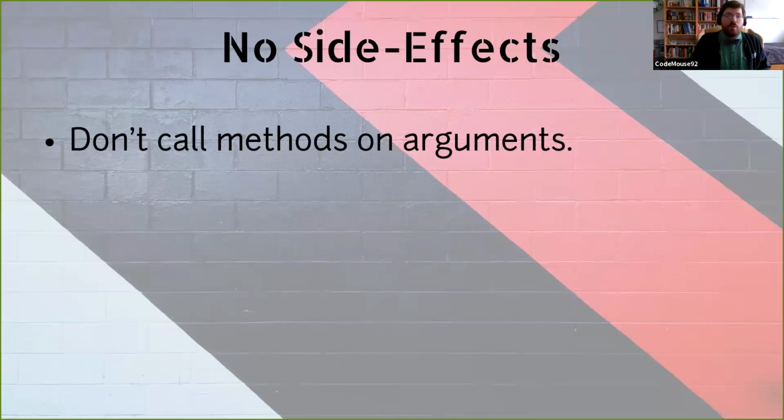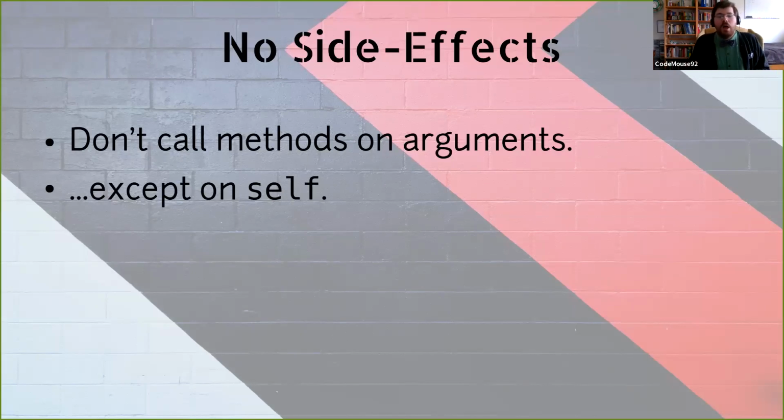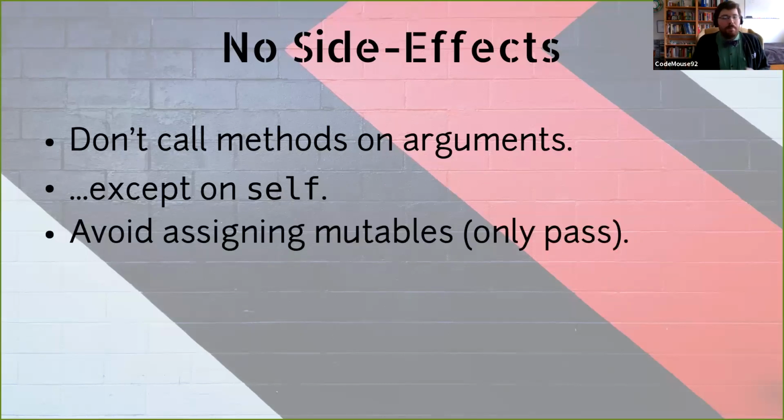Then we don't have to worry about side effects. Although, again, it can call methods on self. That's fine. It's already expected that the object's going to be changed by the method call, so a method can call other methods. You can get around the mutability issues you typically have just by avoiding assigning mutables as much as possible. Just pass them. Don't mutate them. There are exceptions, but most of the time, just avoid it.